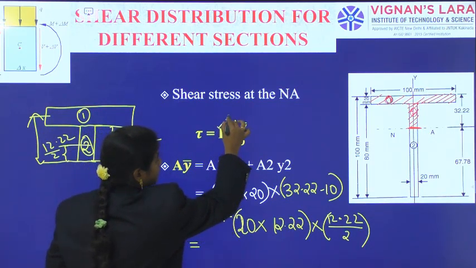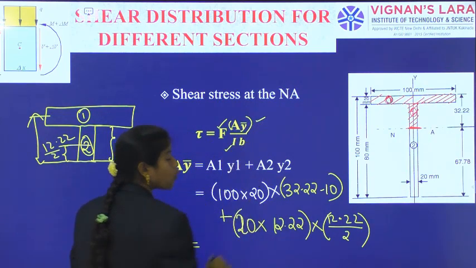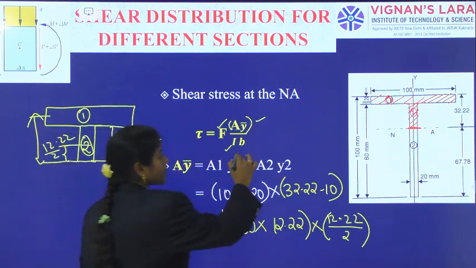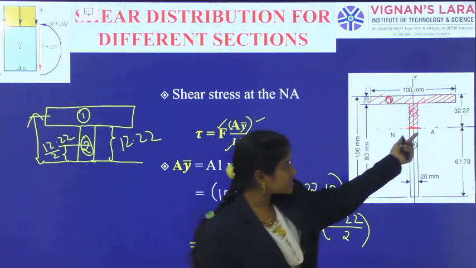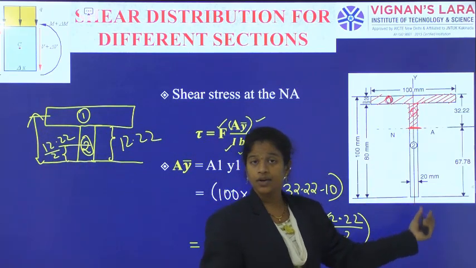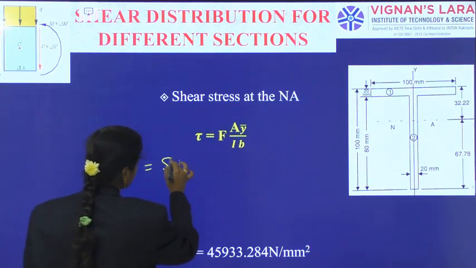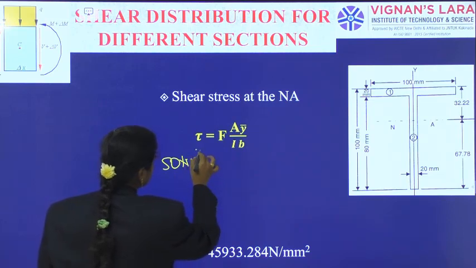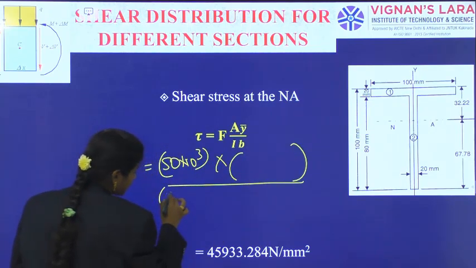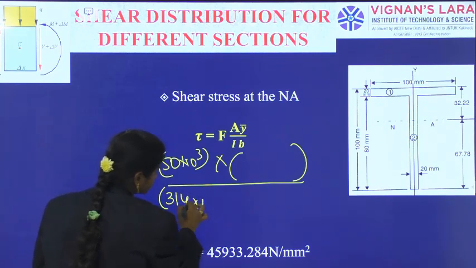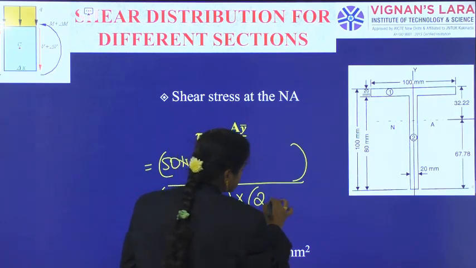And then F, the shearing force at the section. A into y bar, just now we have calculated. I, the overall moment of inertia of the section. B, as I am giving the shear stress distribution in the web at the neutral axis level, what is the width of the beam? That is 20 mm. So substituting all things, F as 50 into 10 cube newtons, A into y bar from the previous step, and I as 314.22 into 10 power 4, and width of the beam is 20 mm.